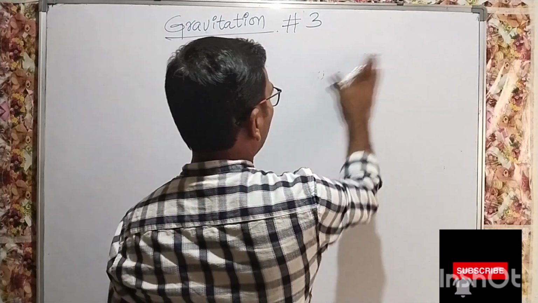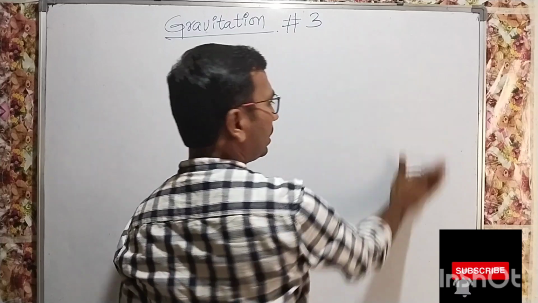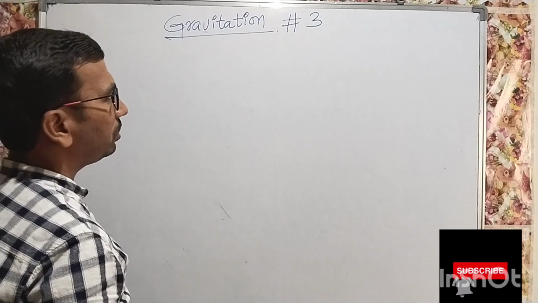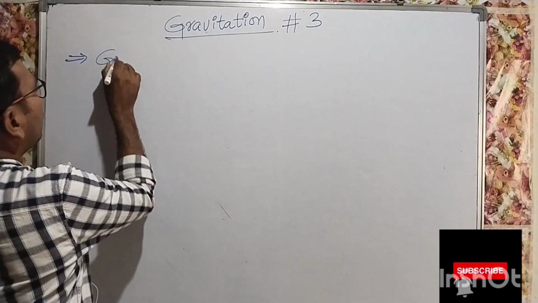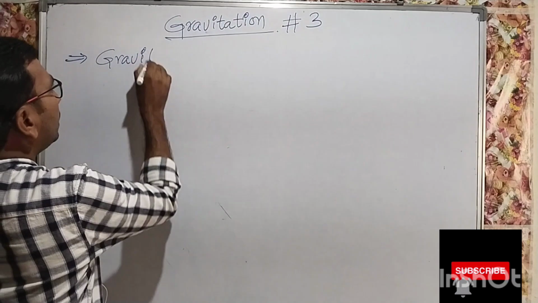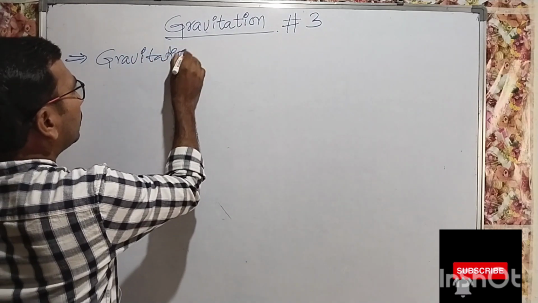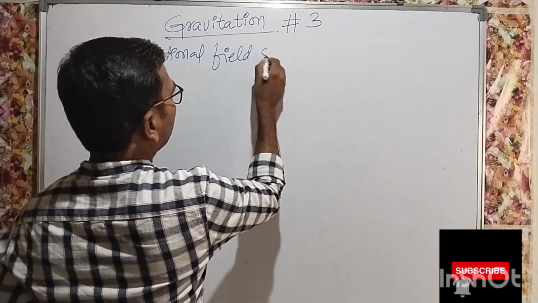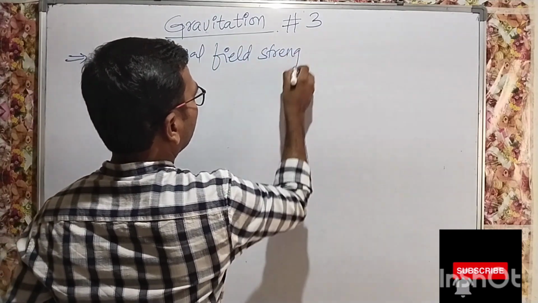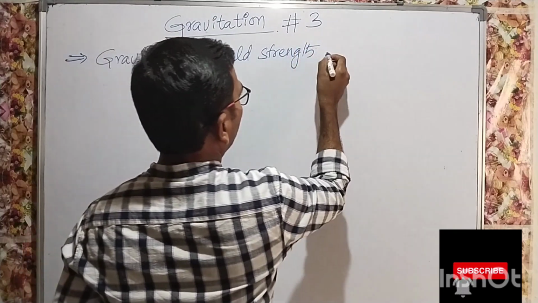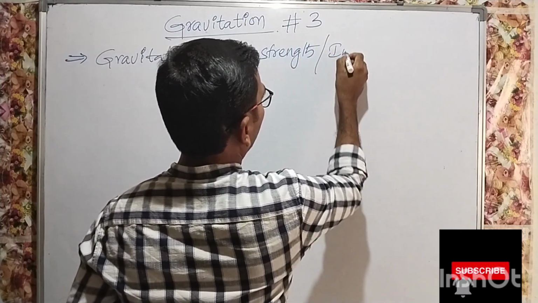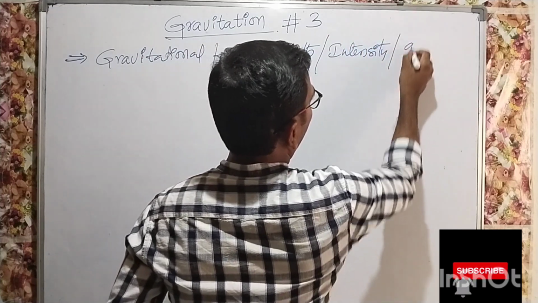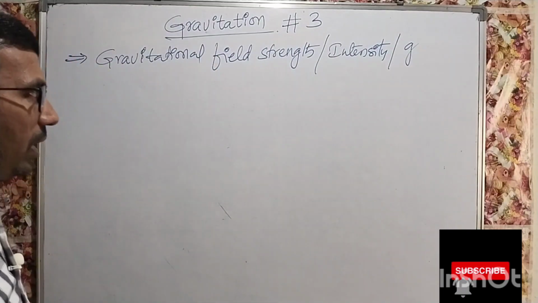In lecture number 3, we discuss gravitational field strength, or gravitational intensity, that becomes g, acceleration due to gravity.